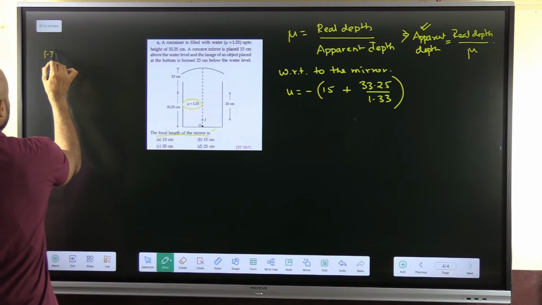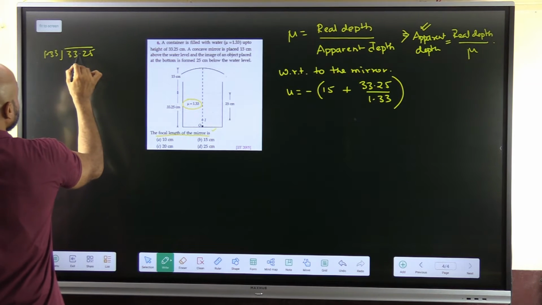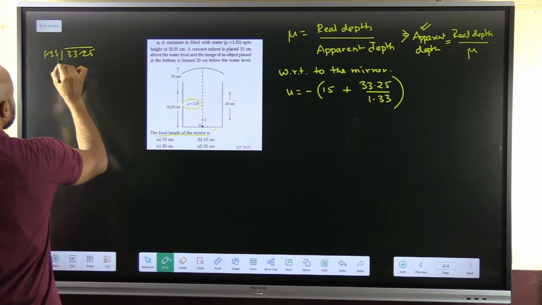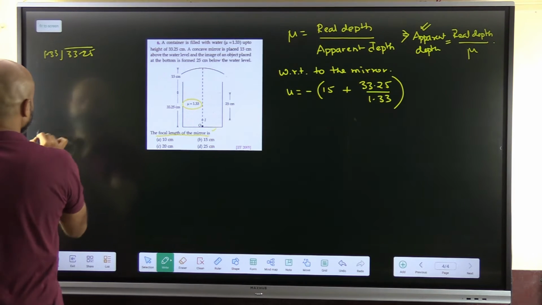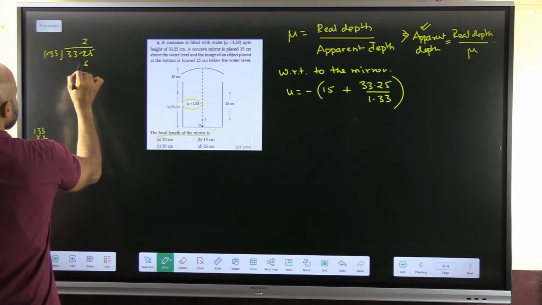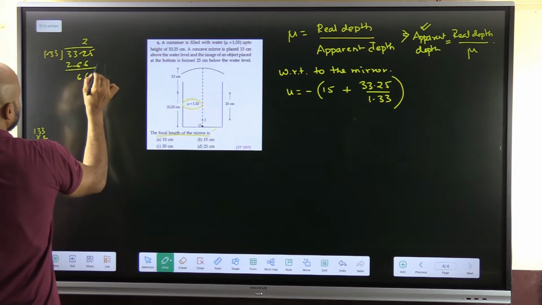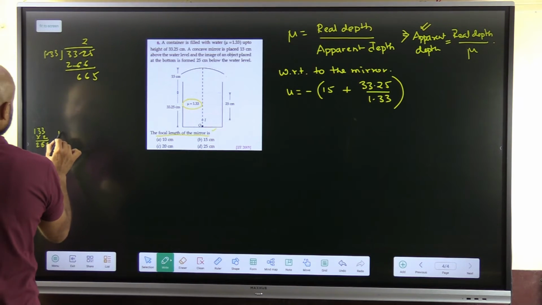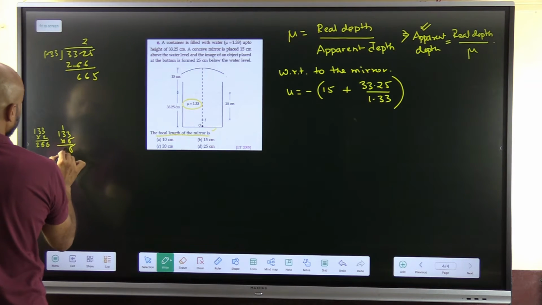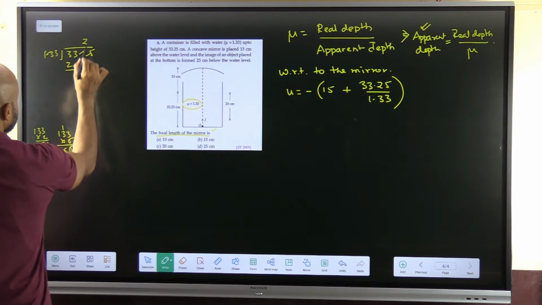Let's just quickly check here. 33.25 divided by 1.33, that is 133 into 25, which gives exactly 25.